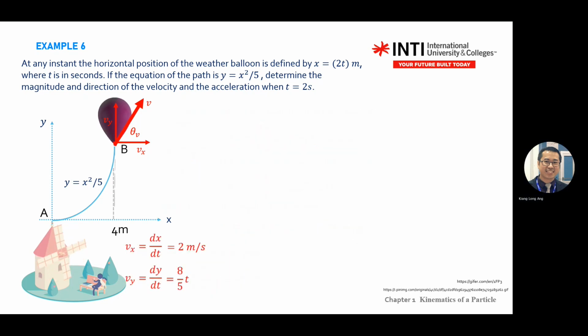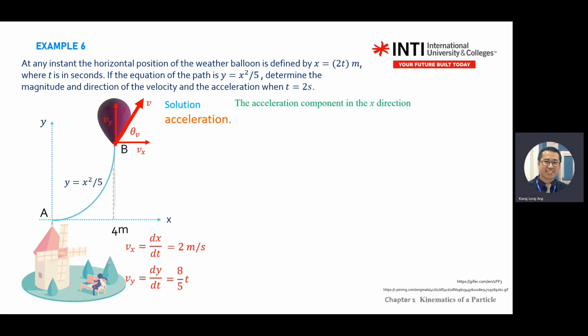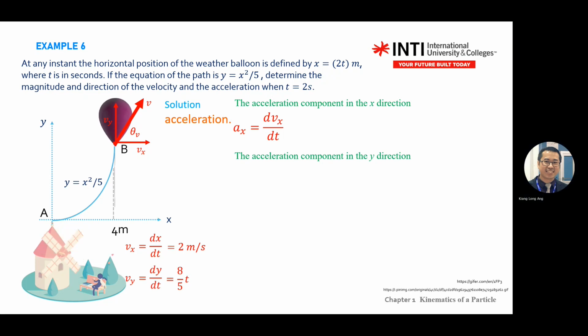Okay. What about acceleration? Same. For acceleration, you write the definition of acceleration, a equal to dv/dt. What is your dx? 2. When you differentiate 2, what do you get? Differentiate, 0.